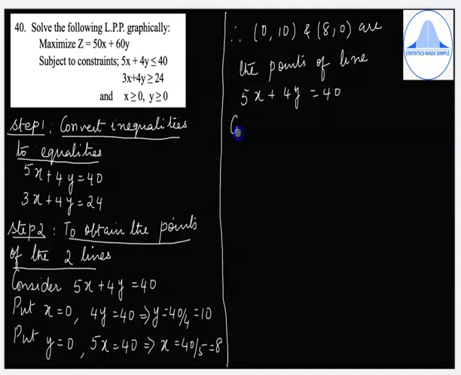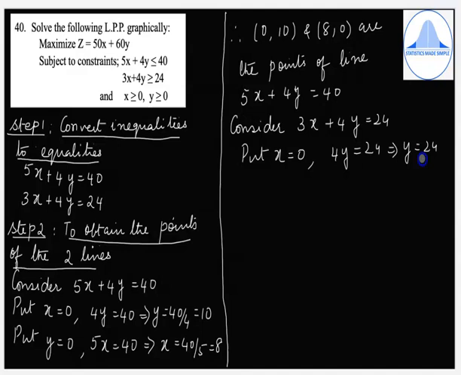Now take the second equation. Consider 3x plus 4y is equal to 24. Put x equal to 0. So you'll get 4y is equal to 24, which implies y is equal to 24 divided by 4, which is equal to 6. Similarly, put y equal to 0.